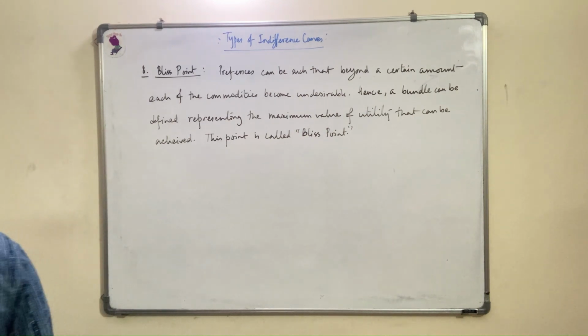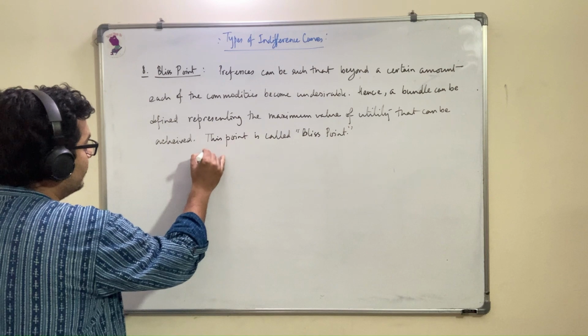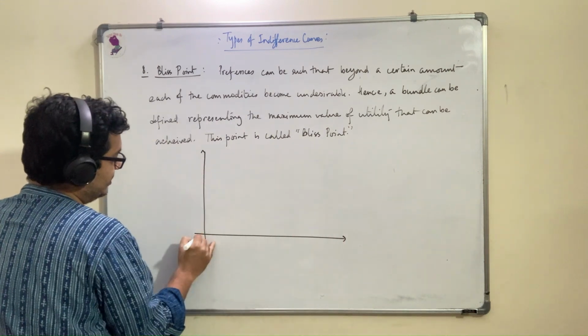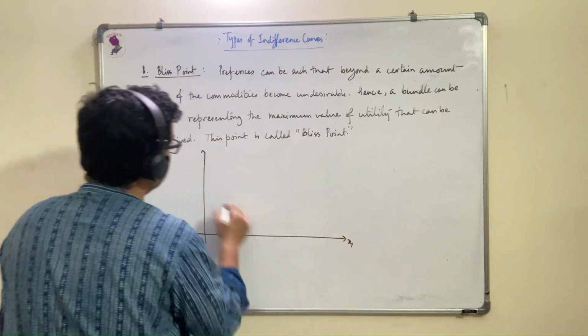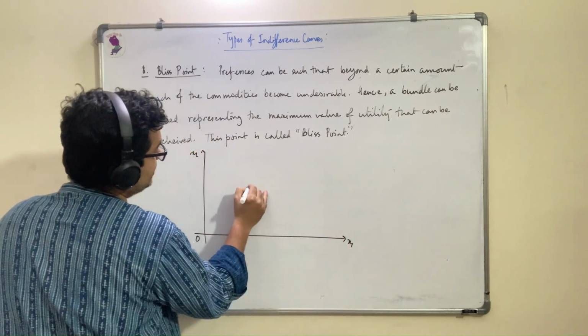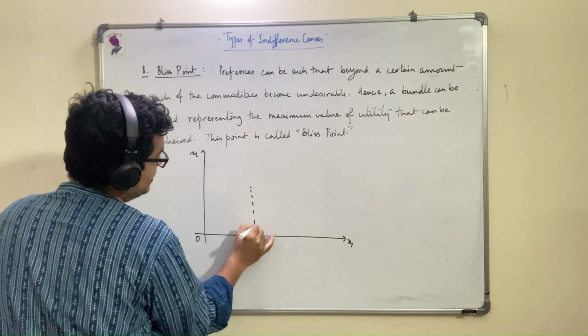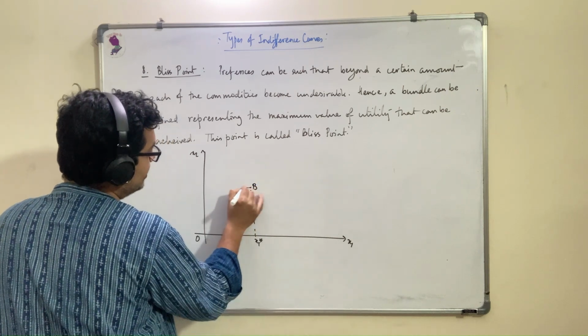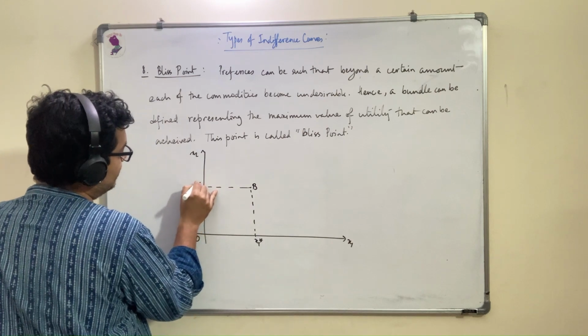Okay, so how to draw it? First we have to decide which one is the bliss point to draw this one. So say this one is our bliss point, some B, x1 star, x2 star.